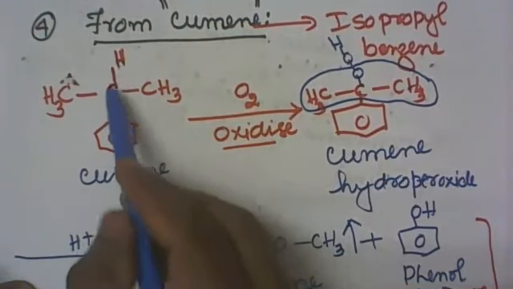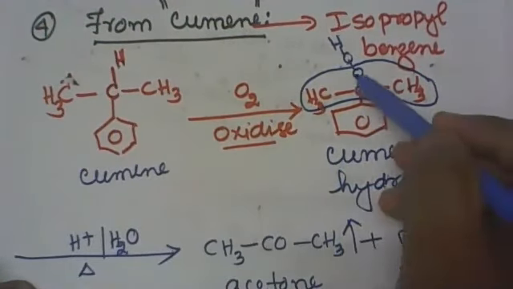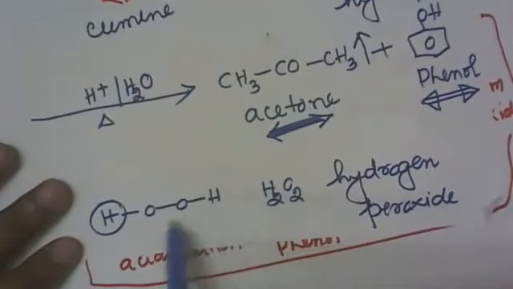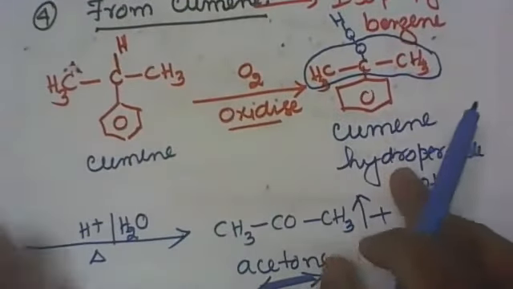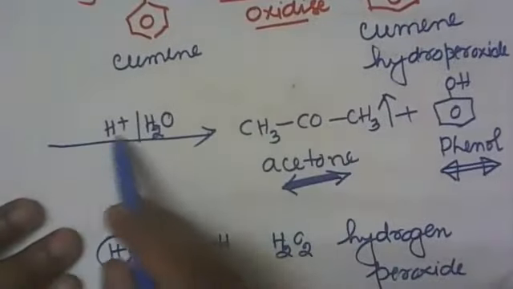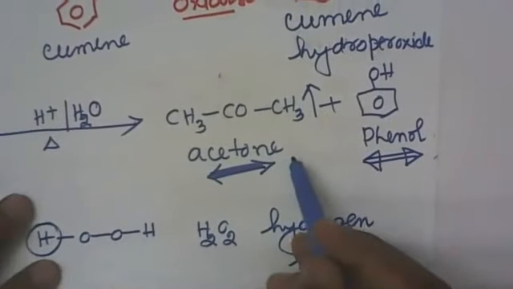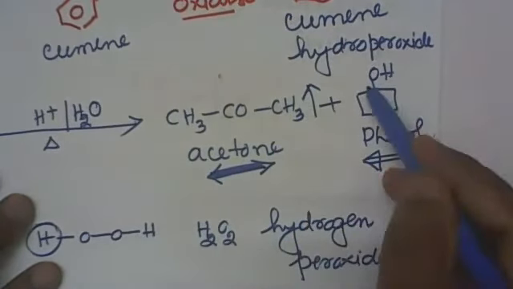The carbon hydrogen bond breaks to give the peroxide linkage, oxygen single bond oxygen, called the peroxide linkage. Now this cumene hydroperoxide is heated with the acid to give acetone and phenol. Acetone is a side product here. It easily evaporates to get pure phenol.